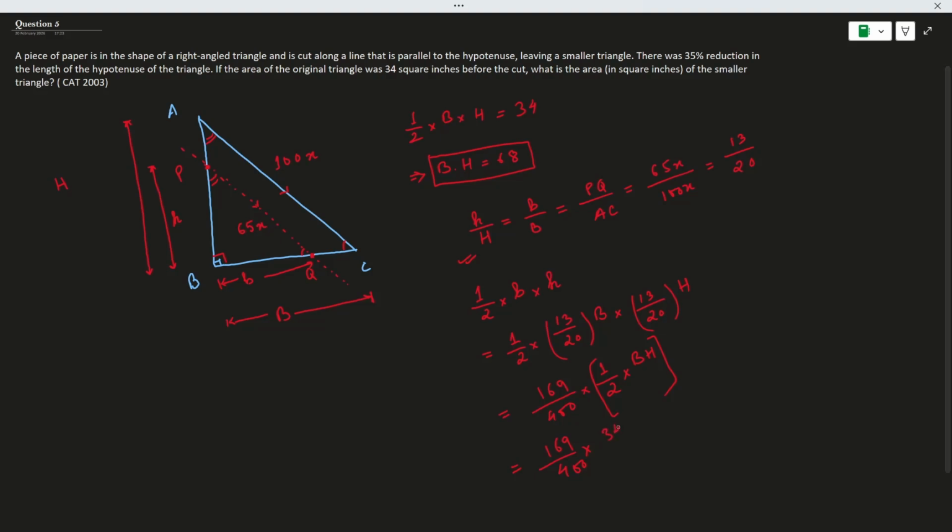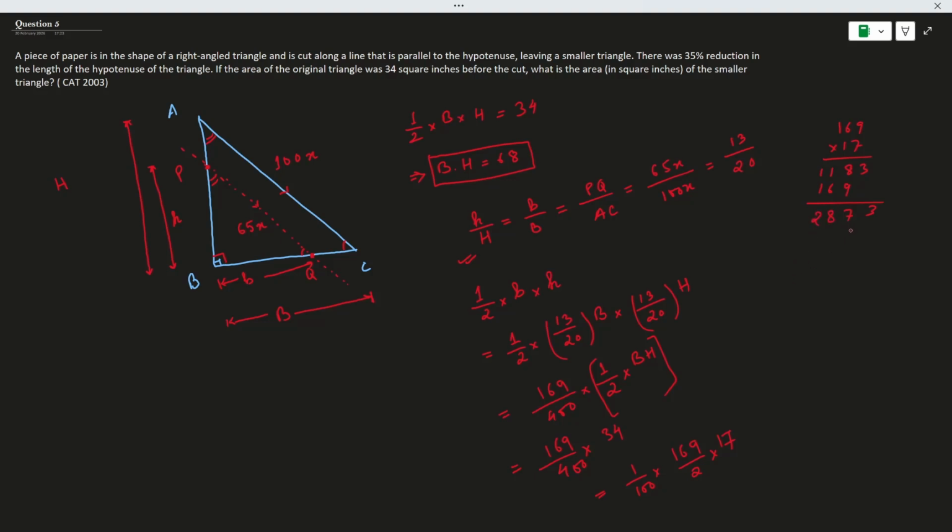So this is basically 169 by 400 into 34. This can be written as 1 by 100 into 169 by 2 into 17. Currently I don't have a calculator in hand, so 169 into 17 will be 2873.